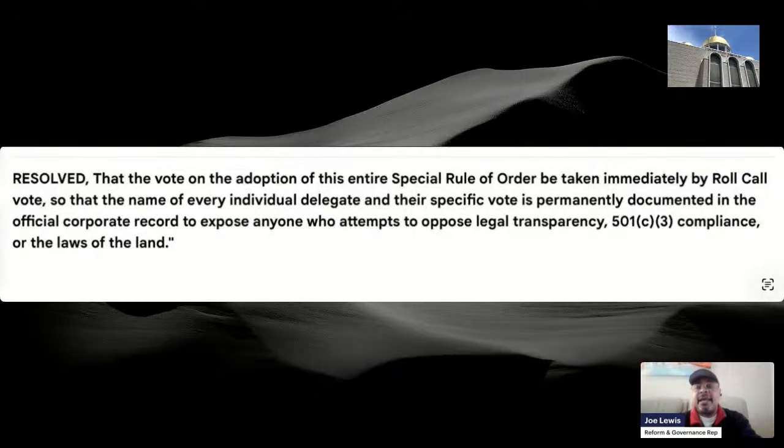And this is the last: be it further resolved that the vote on the adoption of this entire special rule of order be taken immediately by roll call vote.